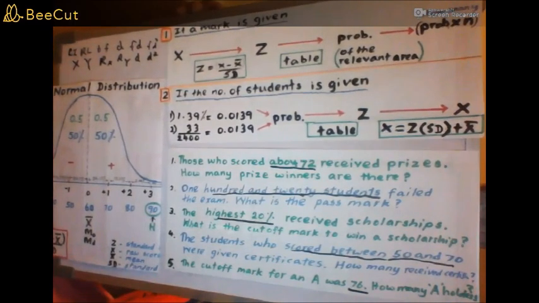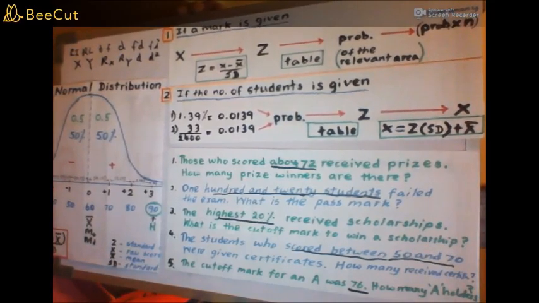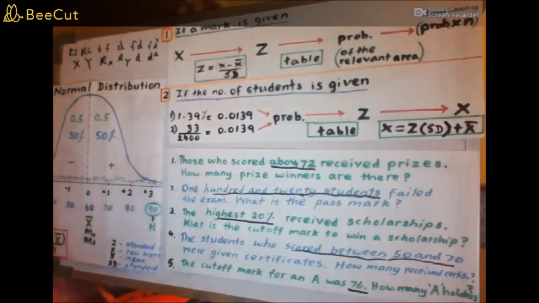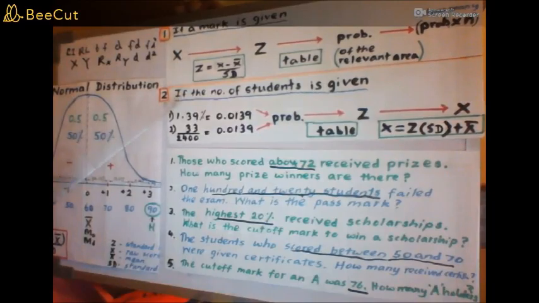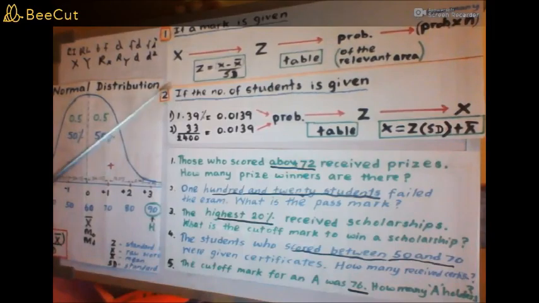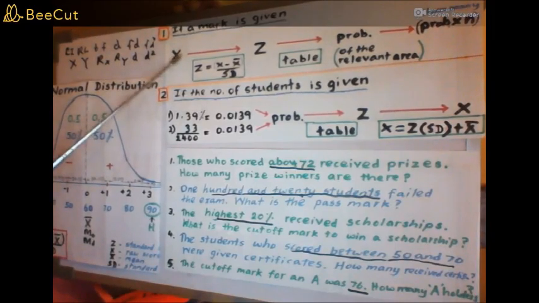So that's the first thing you will have to do. First, actually, you will have to read the question. And when you go through the questions, underline what is given. Then select the relevant route and follow it. Now we are going to practice this first route, when a mark is given.